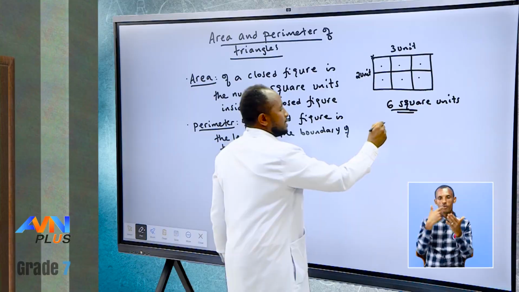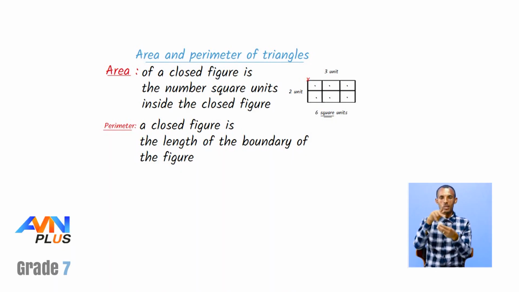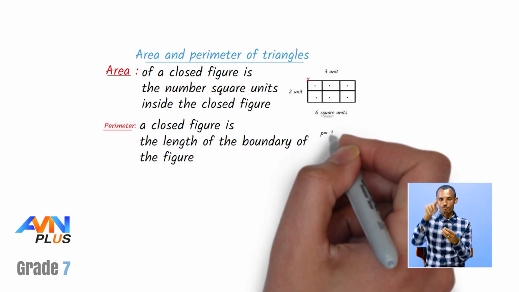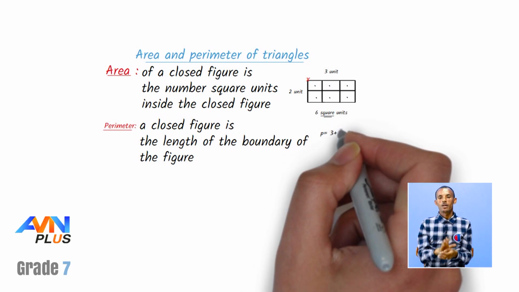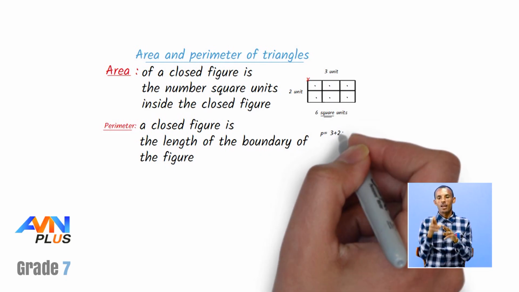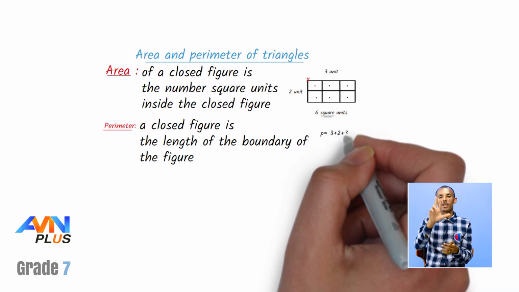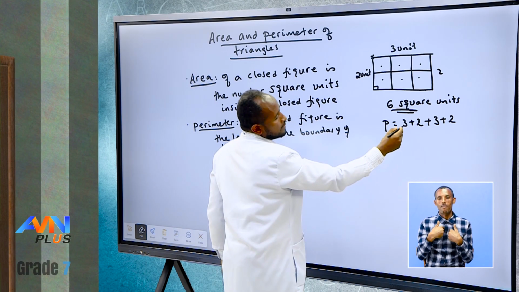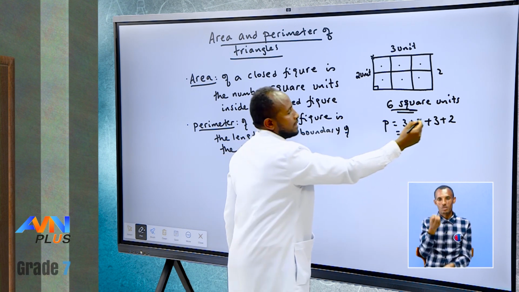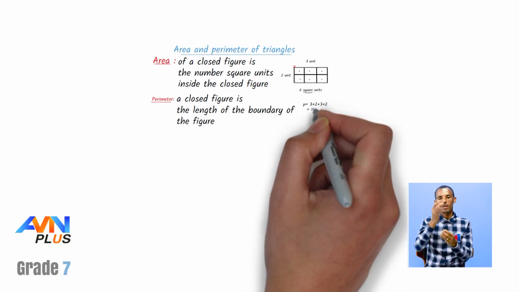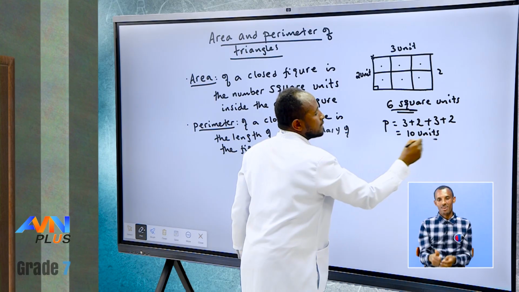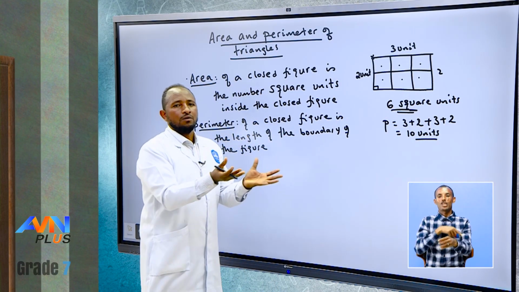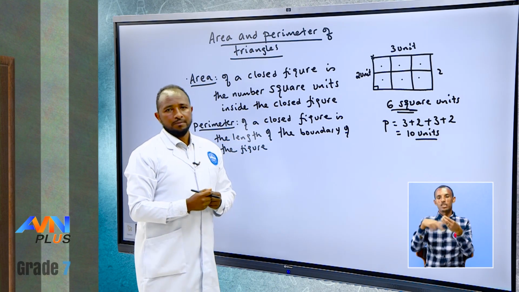Assuming this is a rectangle, this length is 3 units plus this one is 2, plus this one is 3, plus this one is 2. Totally, 3 plus 2 is 5, 5 plus 3 is 8, plus 2 is 10 units. So this is the meaning of perimeter. The length of the boundary of that region is called perimeter.